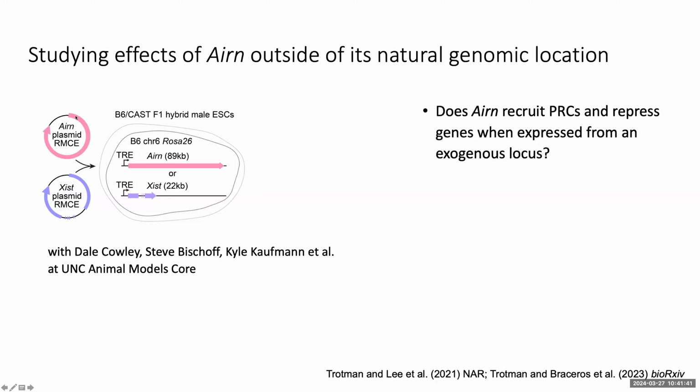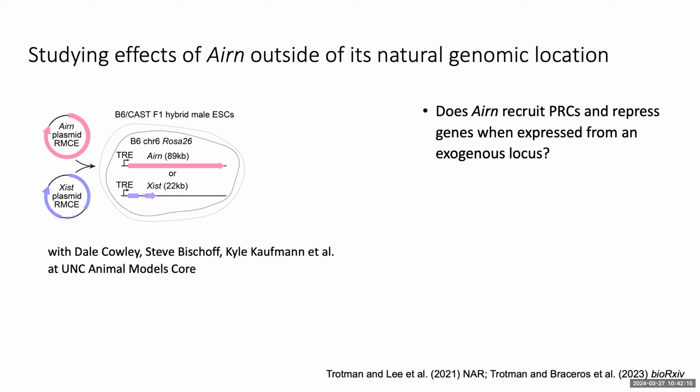So we cloned a doxycycline-inducible version of the Airn non-coding RNA gene into a specialized plasmid and used some tricks with Cre recombinase to insert that transgene into a single copy locus in the mouse genome on a single allele. So the specifics are probably not so important, but this is a single allele of chromosome 6 in the ROSA26 locus. We now have the Air non-coding RNA under the control of a doxycycline-inducible promoter.